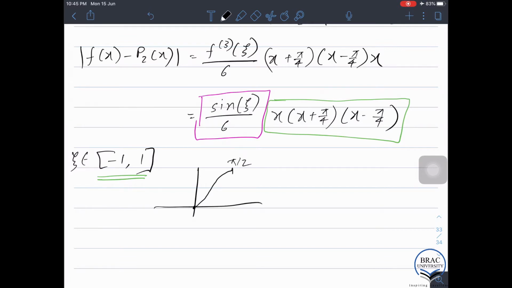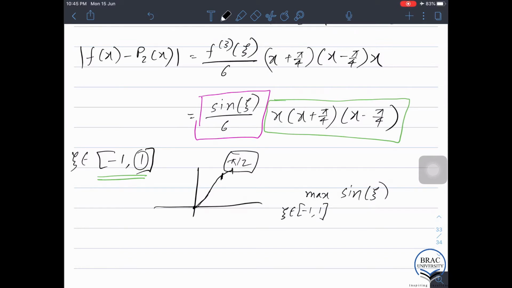So -1 to 1 will be somewhere here. If I keep increasing the value of ξ, the value of sine will keep increasing up till π/2, but my interval stops at +1, so the maximum value I'll get for sine is at +1. I hope this is clear.